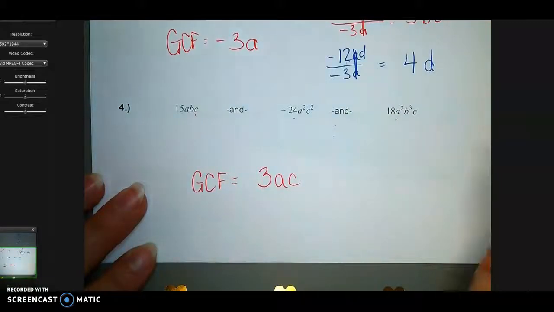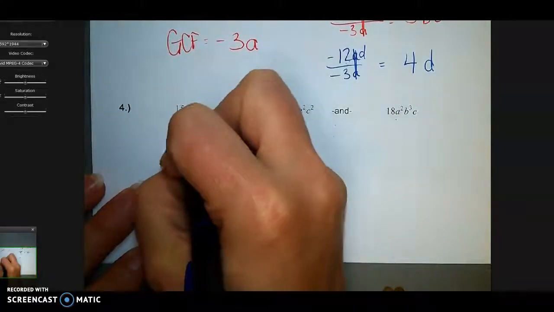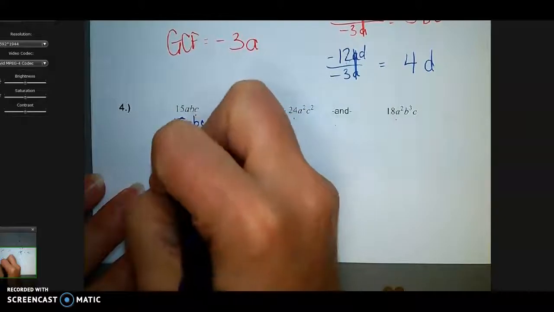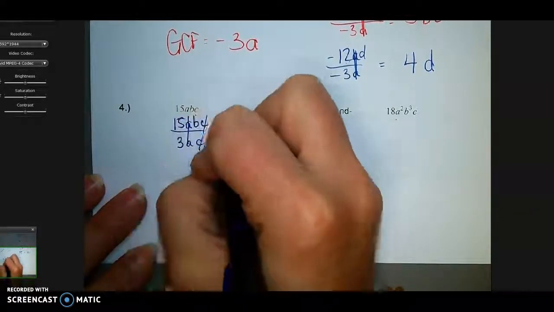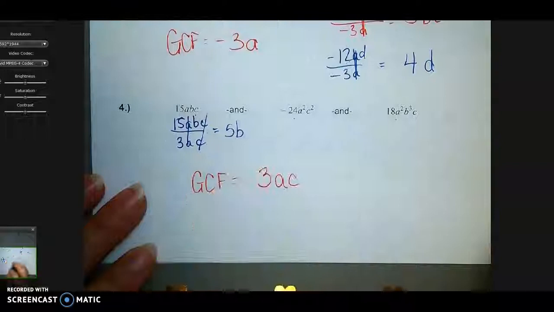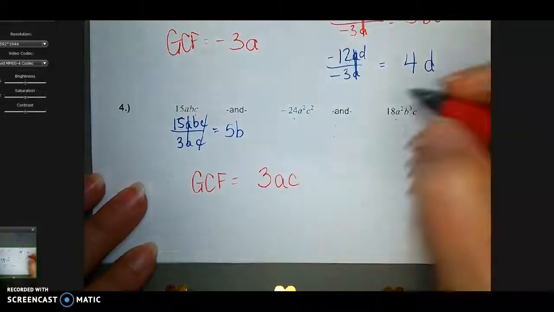When I go into thinking about that next step, 15abc divided by 3ac, it would simplify it down to that if I were to divide it by that.